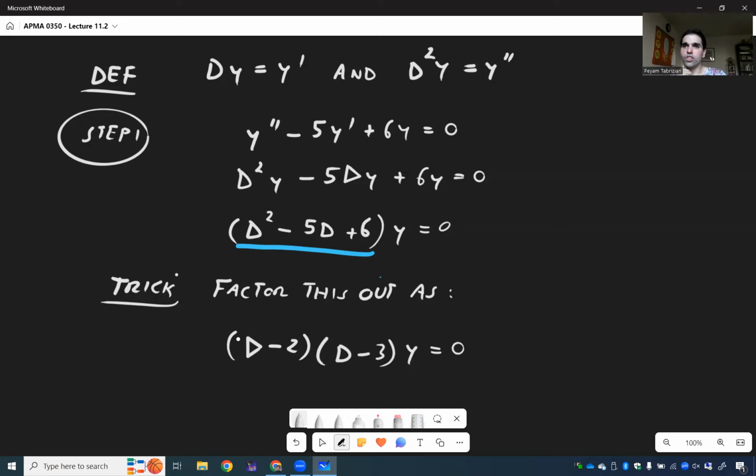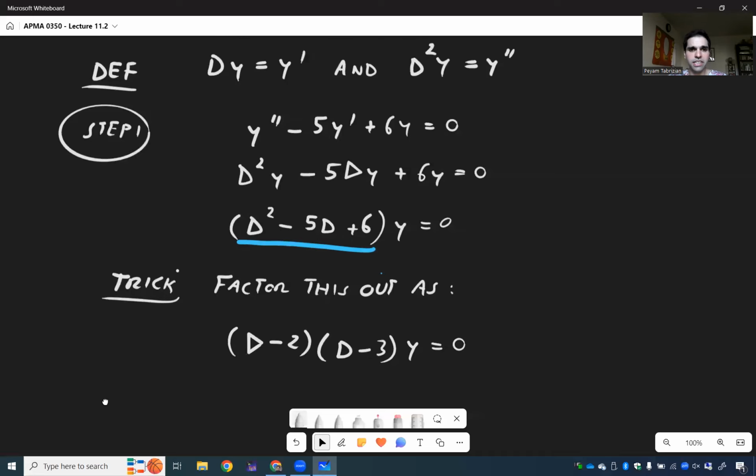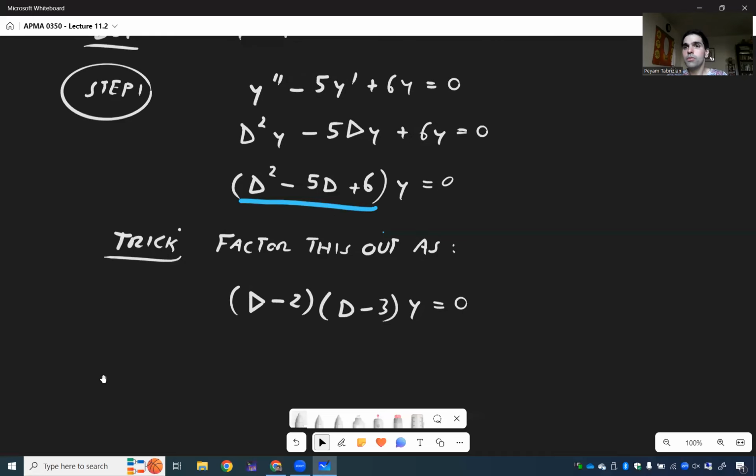It doesn't matter which order you pick. You can also do d minus 3 times d minus 2. And you can prove this rigorously by applying d minus 3 to y, then applying d minus 2 and seeing that it gives you the same result.